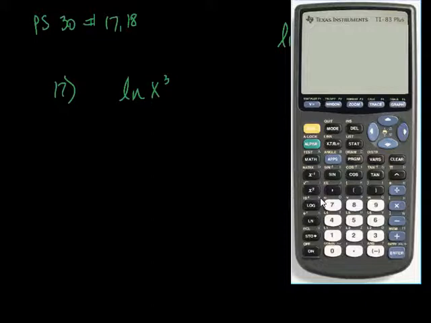Not that we need it, that's just ridiculous, but if you put E on the calculator, we're going to go second function. It's hard to see on this calculator, but it's E to the X up here, right? So I hit that, so it says E to what power? Well, E to the first, right?